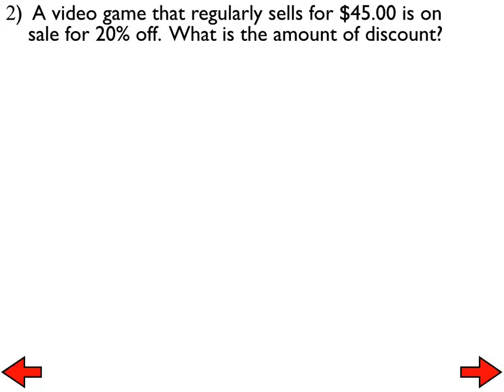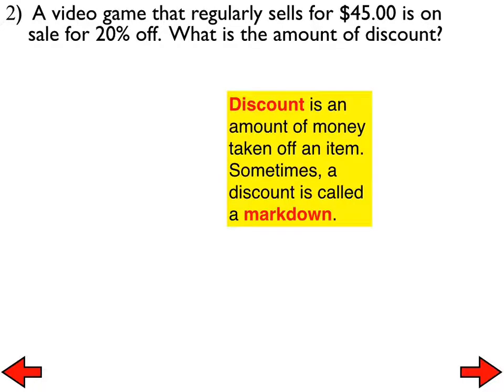All right. I would like everybody to try number 2. A video game that regularly sells for $45 is on sale for 20% off. Find the amount of discount. Sometimes you go in a store and things are on sale, which means they discount or take money off of the regular sale price. That's what a discount is. Sometimes it's called a markdown.